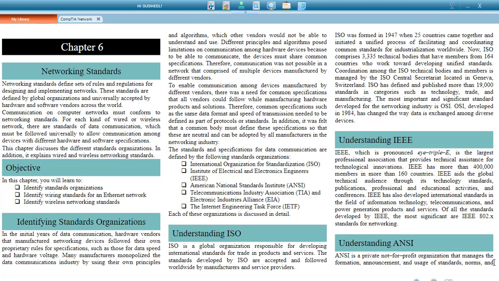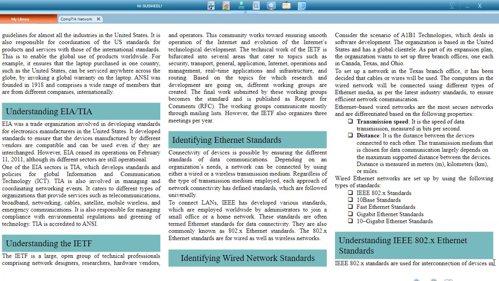Understanding ANSI. ANSI is a private not-for-profit organization that manages the formation, announcement, and usage of standards, norms, and guidelines for almost all the industries in the United States. It is also responsible for coordination of the U.S. standards for products and services with those of the international standards.